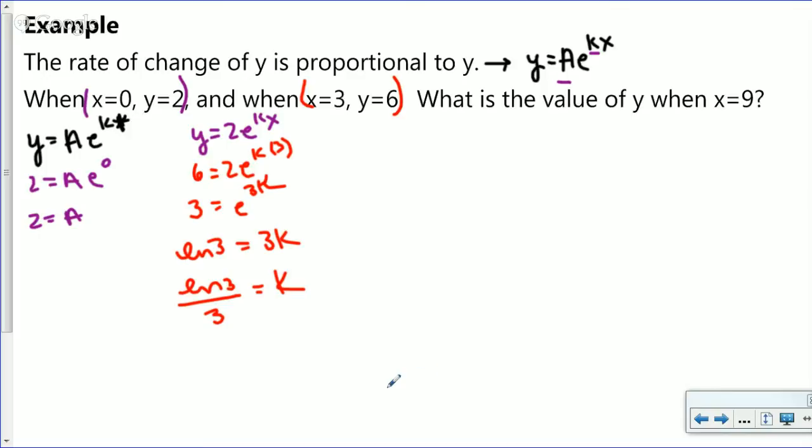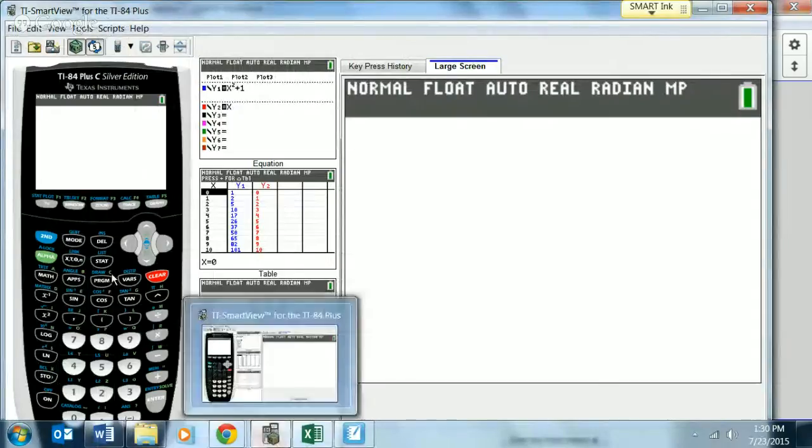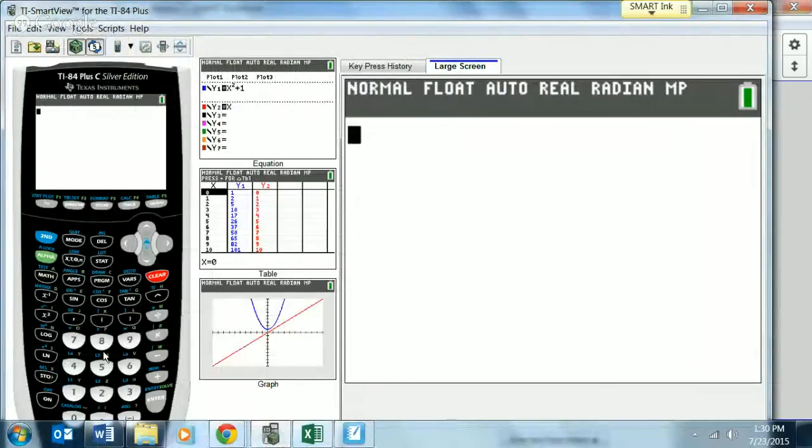And what I want you to do is store this, and I'd recommend storing it as the letter K. So let's go to our calculators. So ln of 3 divided by 3, hit enter there.